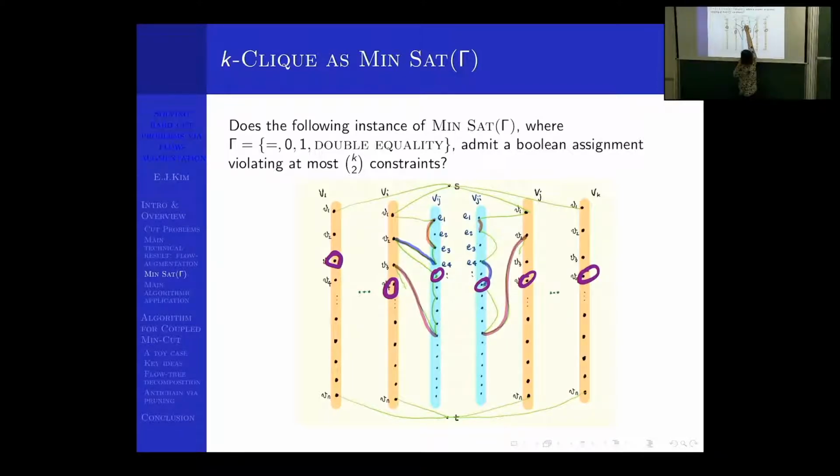This E1 and this E1 actually correspond to the same edge in the original graph. Then there is a single edge leaving E1, and there is a single edge leaving E1, and I pair these two edges. What is the single edge coming out of E1?